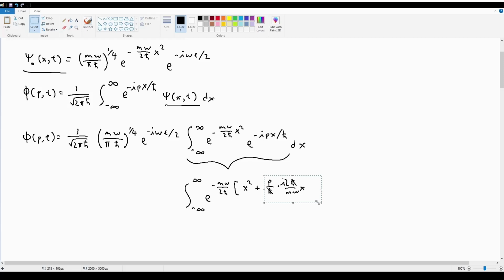This is going to be 2ip divided by m omega, all multiplied by x, dx. And at this point, it's really up to you whether or not you want to just shove this into an integral calculator. I'm going to actually physically prove and solve this just to give us a little bit more of a mathematical experience.